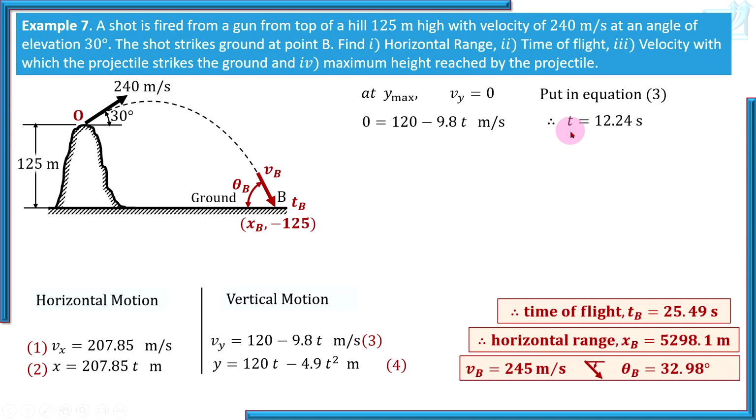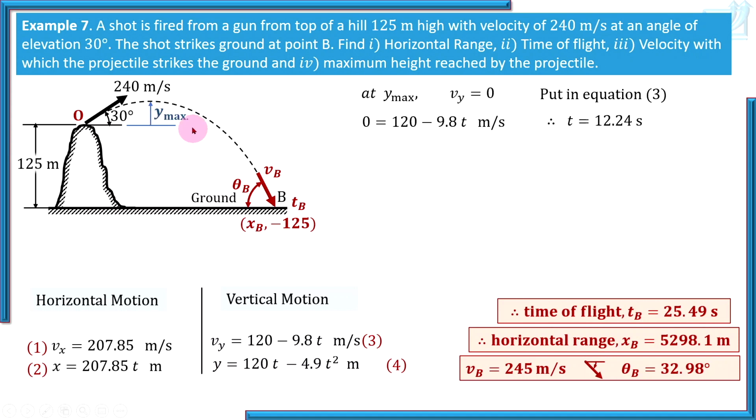So this is that time when particle is at y max. That means at this time, whatever is that y coordinate is maximum. So this is that y max. And this maximum y coordinate you will get putting t in equation 4. At this t, whatever is y coordinate, that is maximum y.